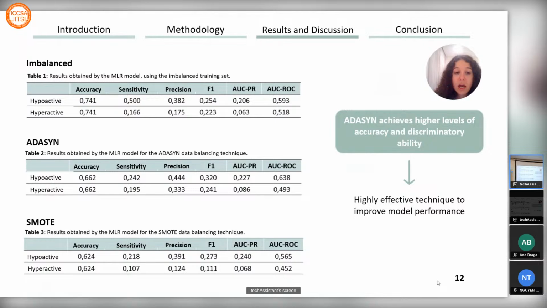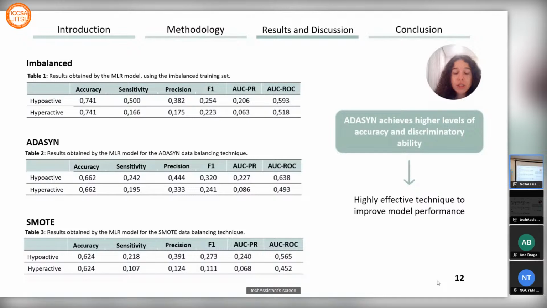values for the subtypes. A higher F1 value indicates a balance between precision and sensitivity, ensuring accurate identification of positive instances, minimizing false positives. A higher AUCPR demonstrates the model's ability to achieve higher precision and sensitivity. When AUC ROC values are higher for all classes, it means that the model effectively discriminates and distinguishes between the various categories.